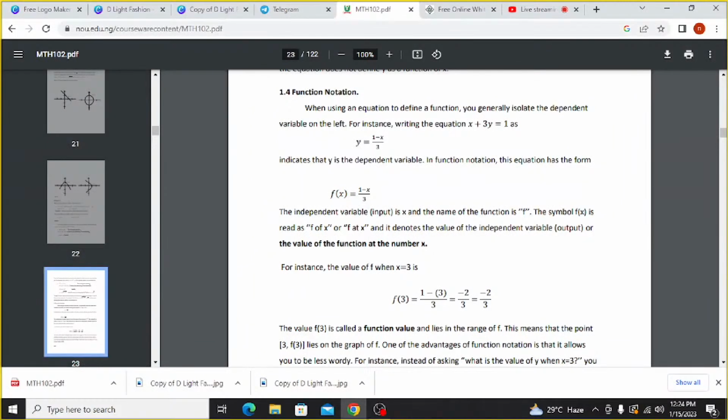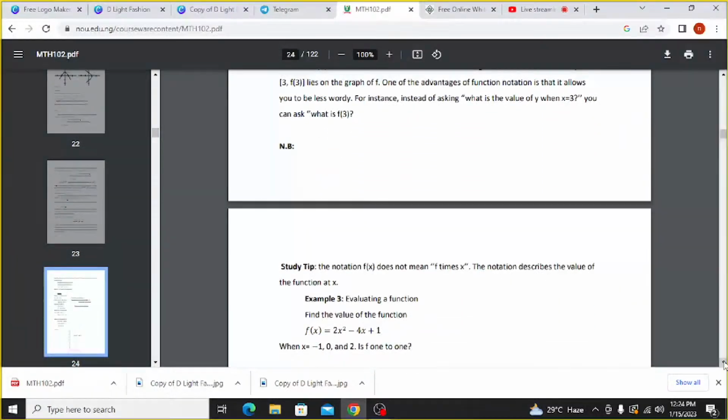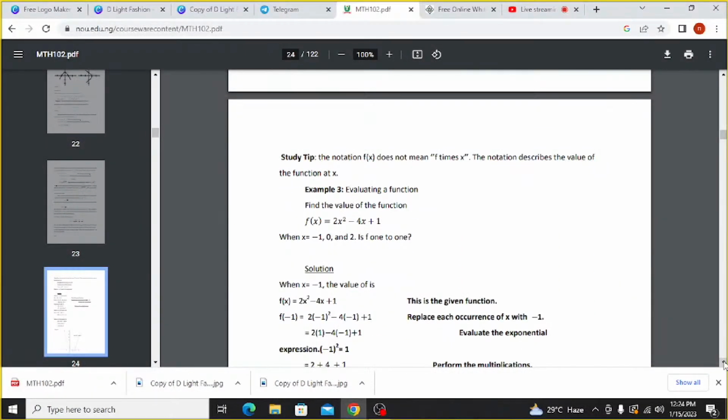Before you can do the notation, you are supposed to give us our input, which is x. Example, we have f(x).